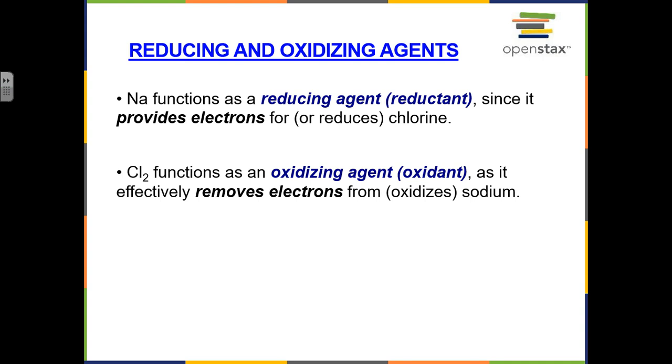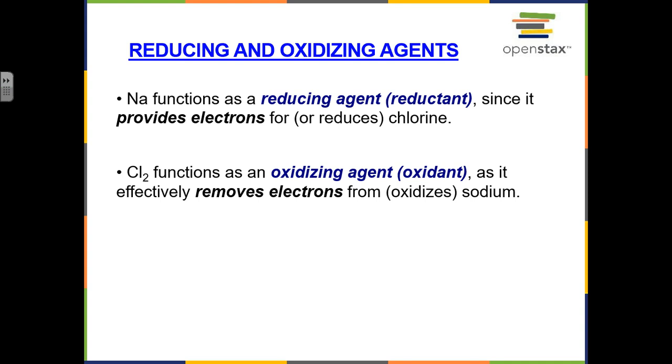Now, as I highlighted before, in the half reaction, in order for one to happen, you have to have the other present. So it's not a redox reaction without the presence of both parties. Sodium, even though it goes through a process of oxidation, functions as what we call a reducing agent, since it provides electrons for chlorine.